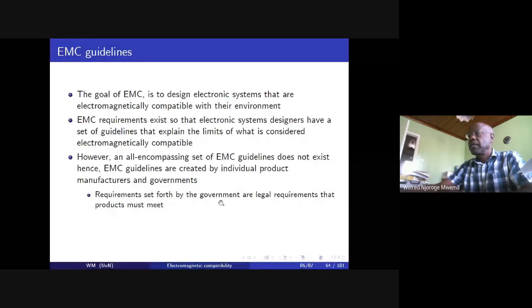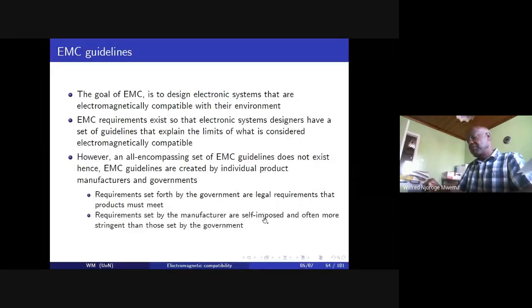Requirements set by the manufacturer are usually called self-imposed, usually because the manufacturer will lose face if his product fails on the market, and therefore have monetary loss. Those standards are usually more stringent than those set by the government.